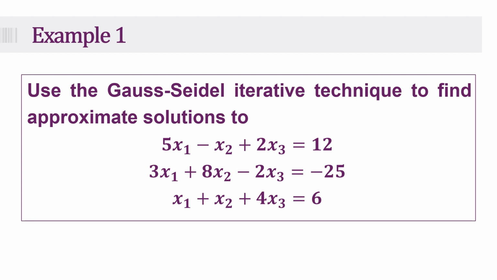So, uulit-ulitin lang natin yung iteration until such time na makita natin na yung values natin for x sub 1, x sub 2, tsaka x sub 3, meron na siyang ina-approach na number. And whatever number na ina-approach niya, that will be the solution to the systems of linear equation.